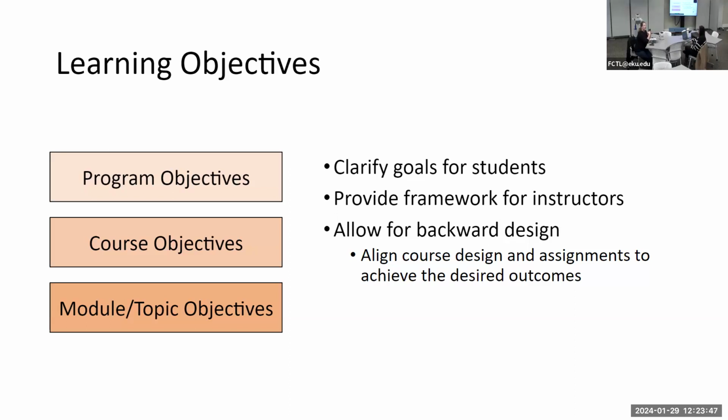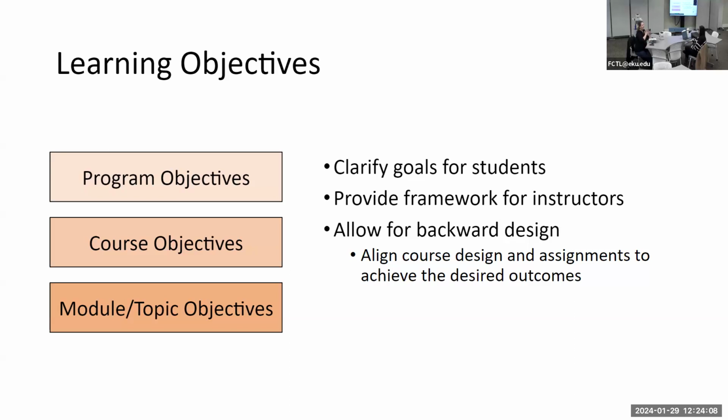Then at the teaching level, the instructor typically has the option of setting module or specific topic objectives. So we go from very broad program objectives, down more narrow to course, down even more narrow to module or topic. And we could go one more level further, to specific assessment learning objectives.